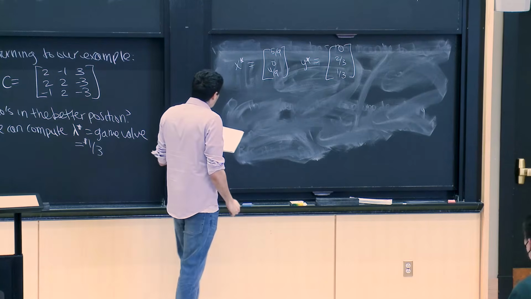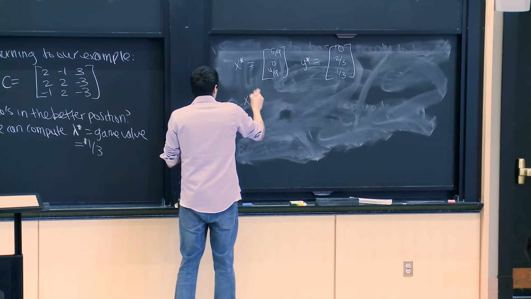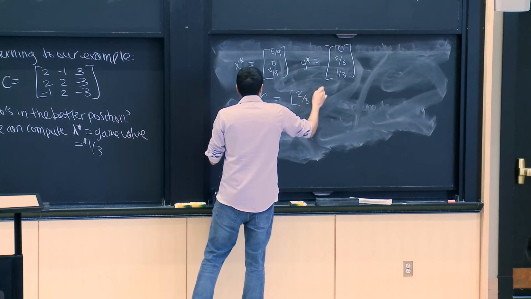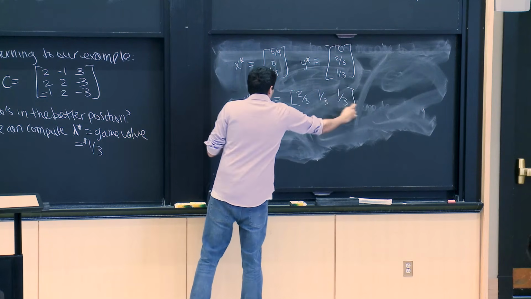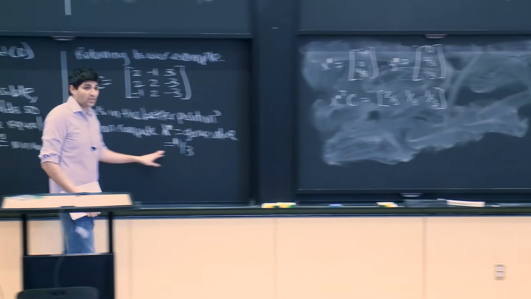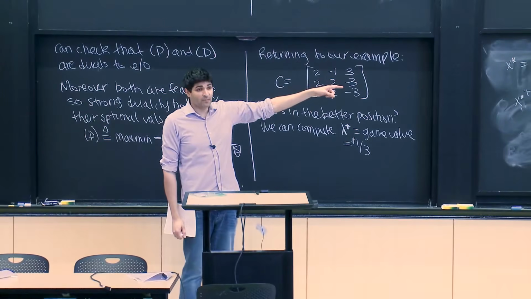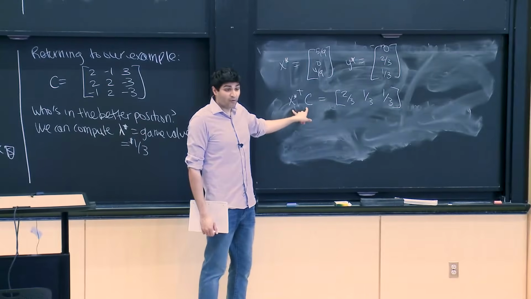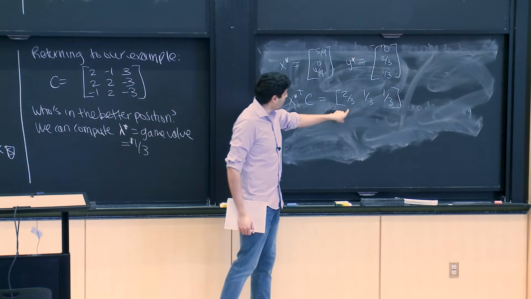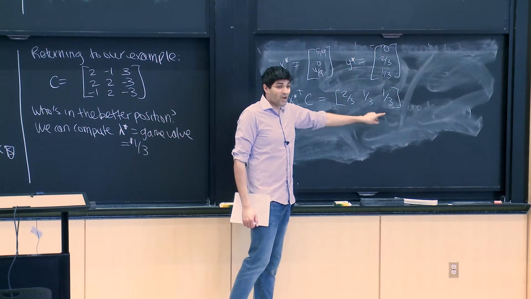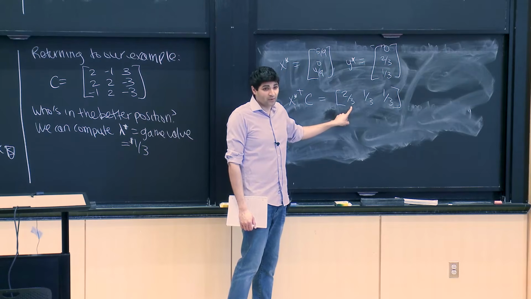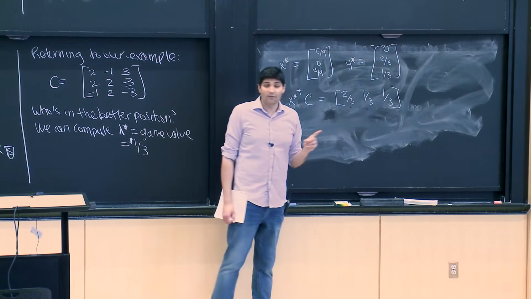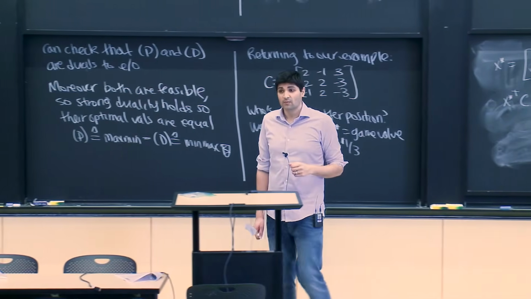And we can check that X star transpose C is equal to this vector 2/3, 1/3, 1/3. So that's my proof that the game value is at least a third. When I play that randomized strategy as the row player, this vector just describes my expected value for whatever the column player responds with. The column player should never play this first strategy, and they'll only play among these two strategies. And I've guaranteed myself that I'll win at least a third of a dollar.